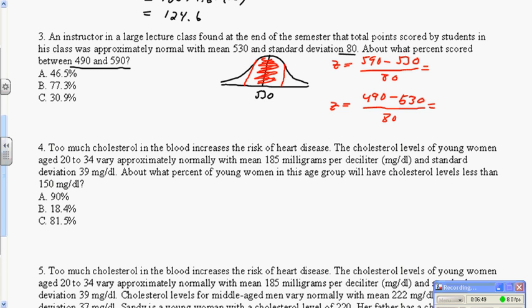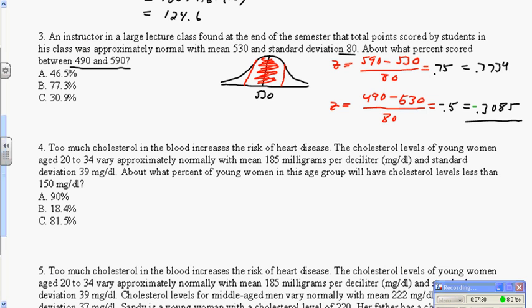And our results would be, for the 590, 0.75, and for the 490, negative 0.5. Again, our z-table would tell us that 0.75 would be 0.7734, and negative 0.5 would be 0.3085. We are going to subtract those two because we want the difference.